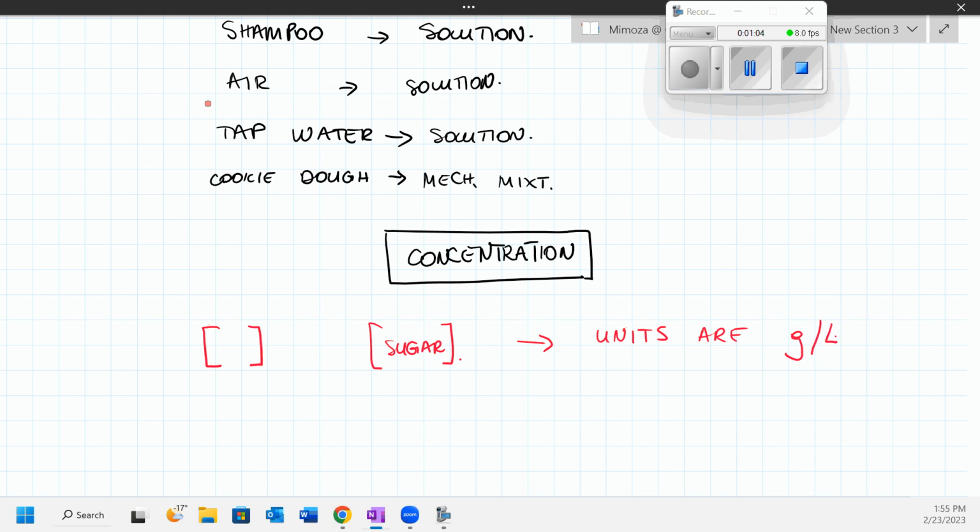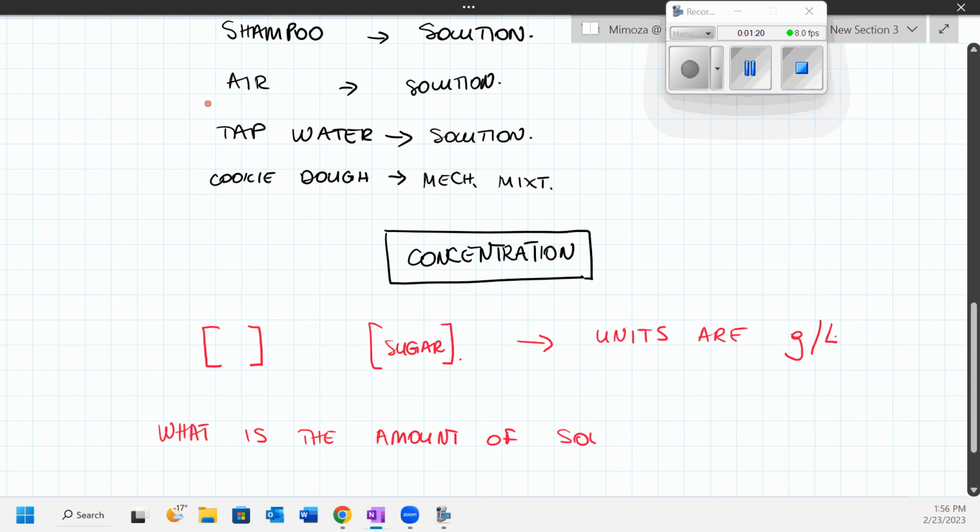So it is telling us what the amount of solute dissolved in the solvent is.